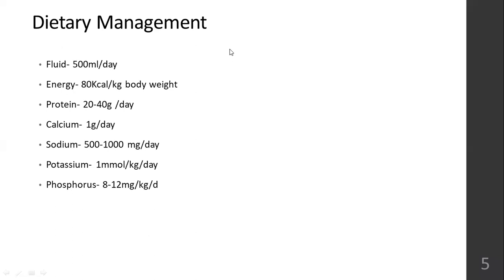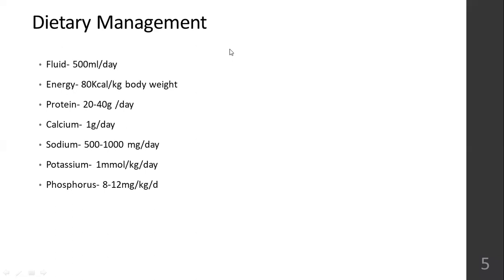Athletes will also have 1.5 to 2 grams per kg body weight. But for an average adult, 0.8 to 1 gram of protein per kg body weight is the target, which is almost equal to 50 to 55 gram of protein per day.